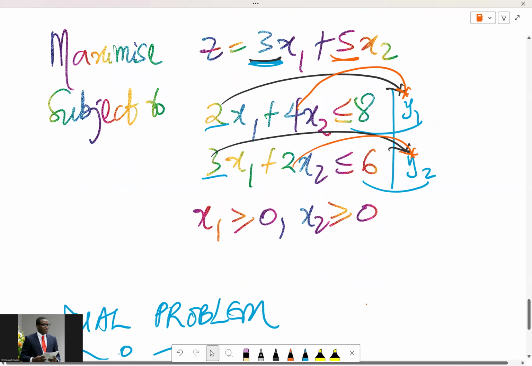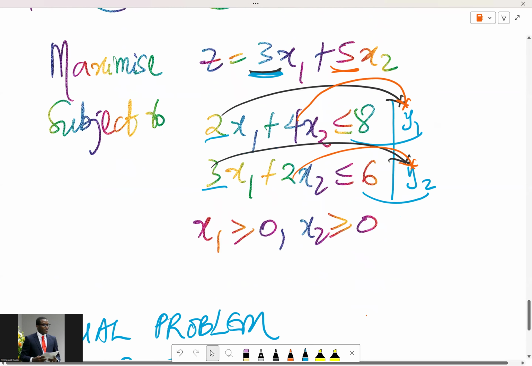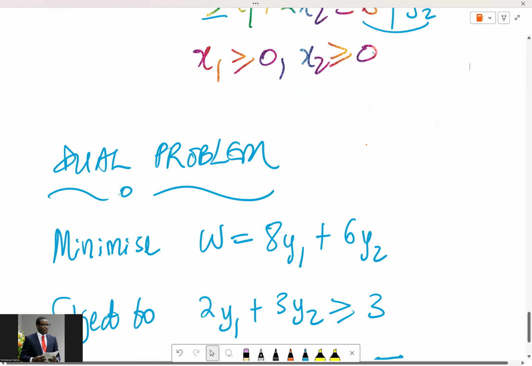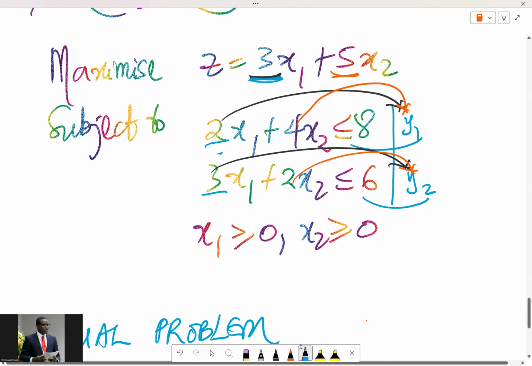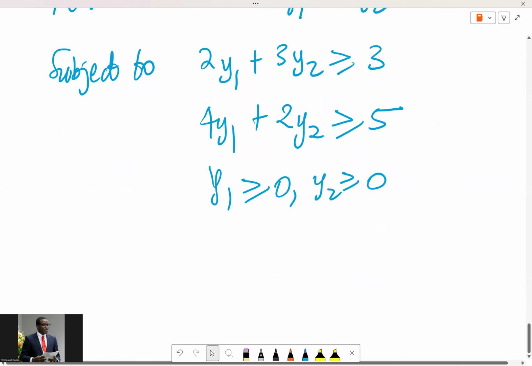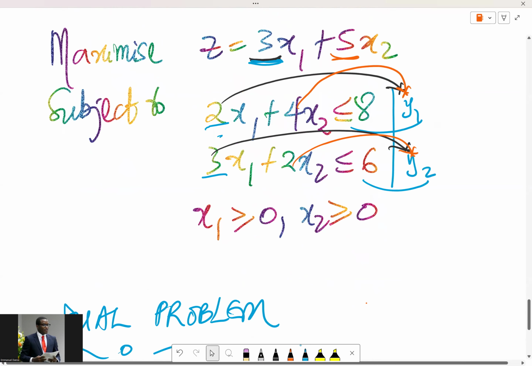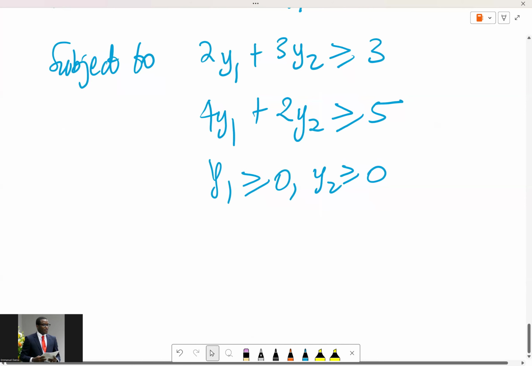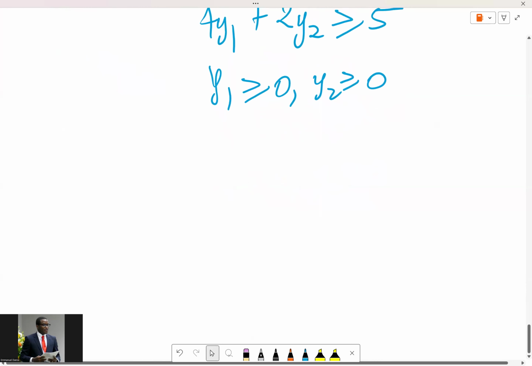So you're now minimizing W equals 8y1 plus 6y2, and that will be subject to 2y1 plus 3y2 greater than or equal to 3, and also 4y1 plus 2y2 greater than or equal to 5. And now this is the dual problem. That's just how you formulate the dual problem. Like I said, next video, I'm going to do something more explicit.